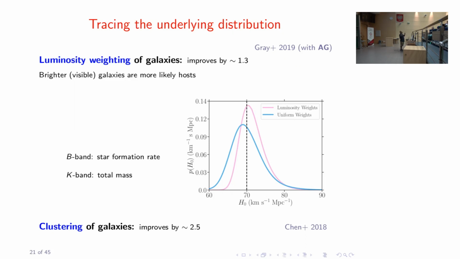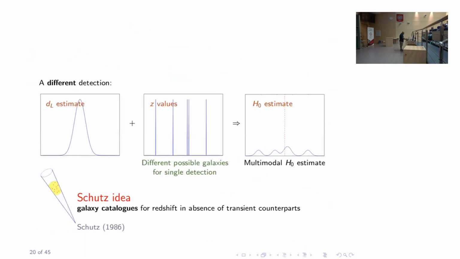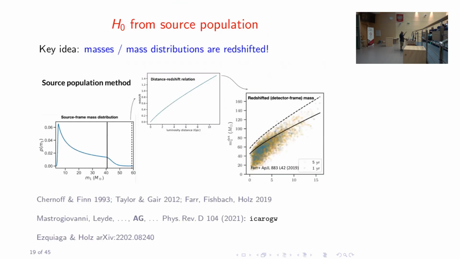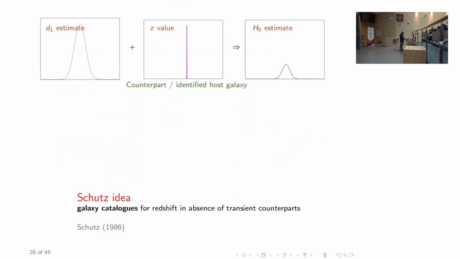This also brings back the previous slide where I was talking about measuring features in population, using features in population to measure cosmology. Essentially, before one measures features in population, one has to know the features, and the features are not known. So what one should do is simultaneously measure the population parameters, which would include all these features in population, together with the cosmological parameters.